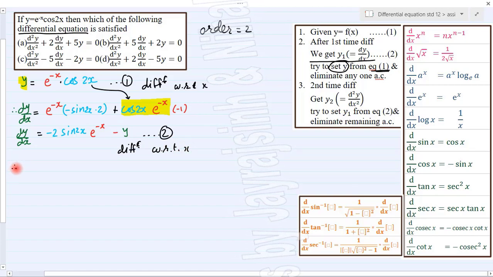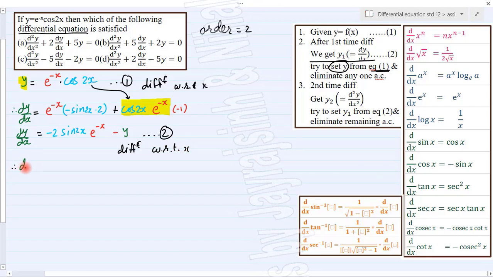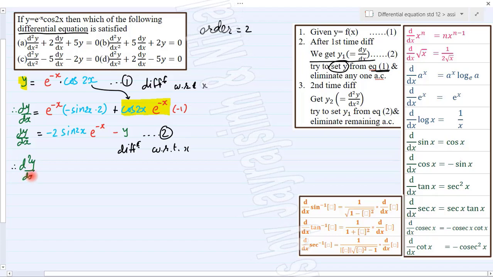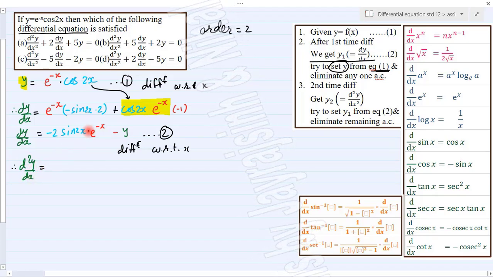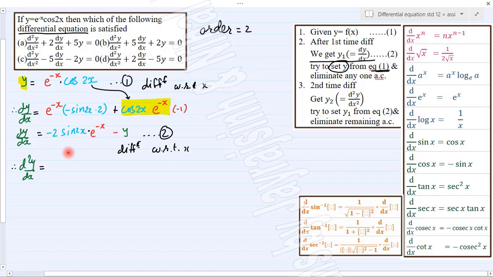So, on left hand side, differentiation of dy by dx will be d square y by dx square, and we have to apply multiplication rule again.